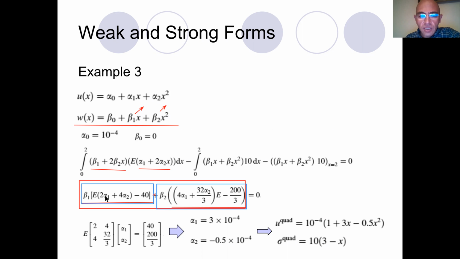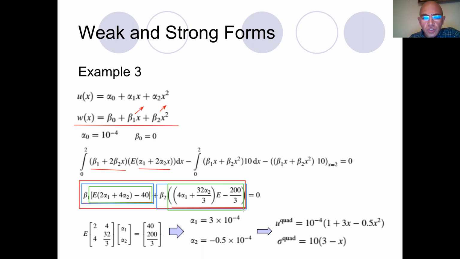So this is the only way that this expression is satisfied. Now here is another point. Since beta 1 and beta 2 can take any value, certainly the expressions inside the parentheses have to be equal to 0. This is what it means.